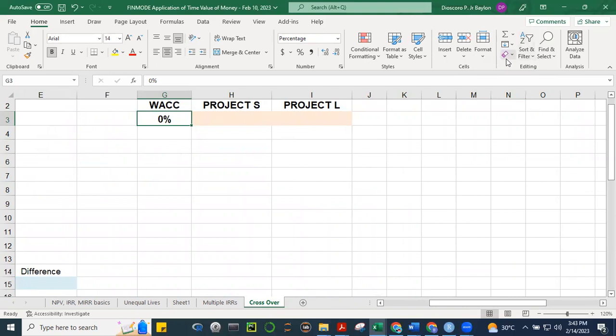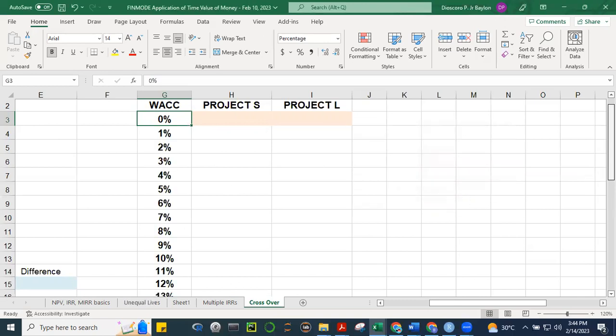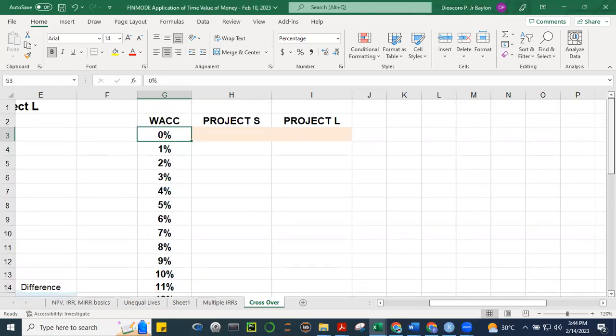Let's do Fill Series, and then gawin natin na columns, tapos step value natin 1%, and then stop value natin, pwede natin gawin 40%, or maybe 35%, subukan natin. So it will now create a series of yung WACC natin from 0%, mag-increment ng 1% hanggang 35%. Mamaya tingnan natin kung kailangan pa hanggang 35%.